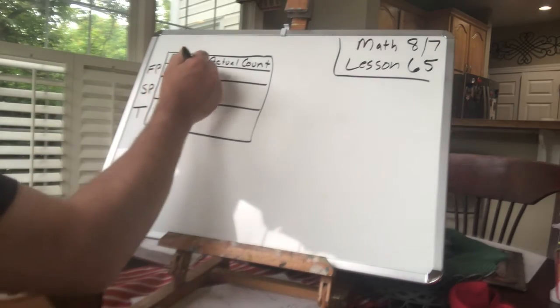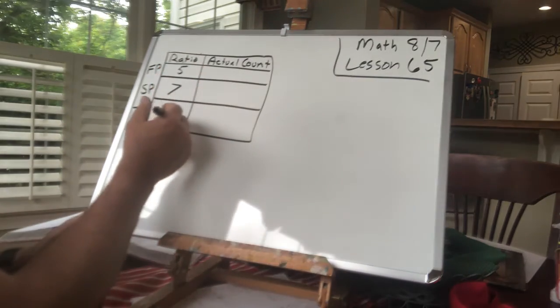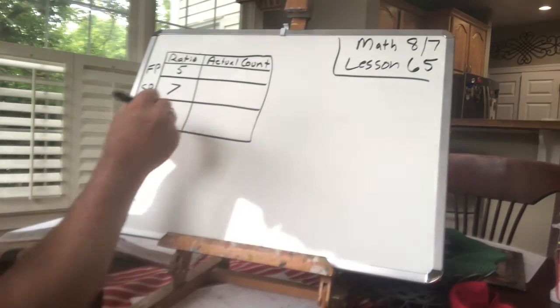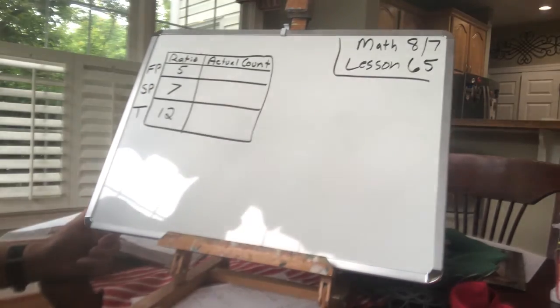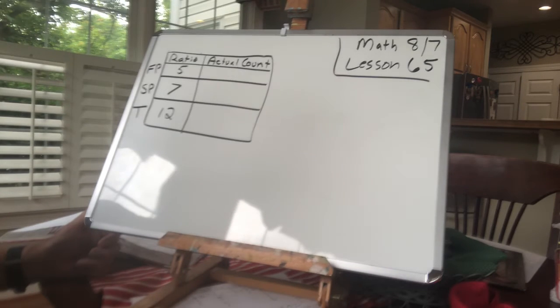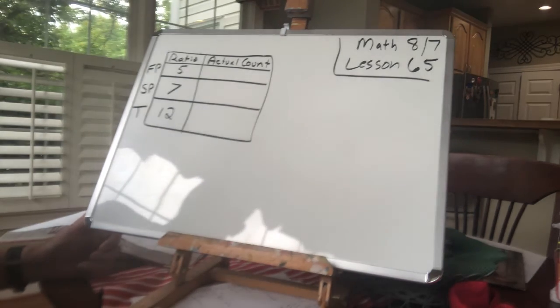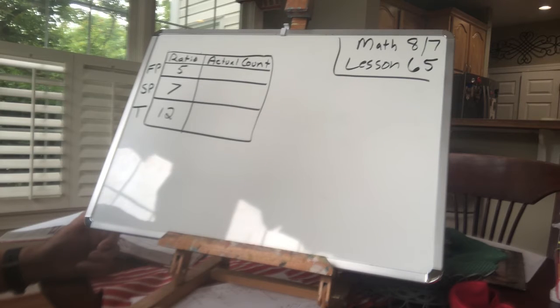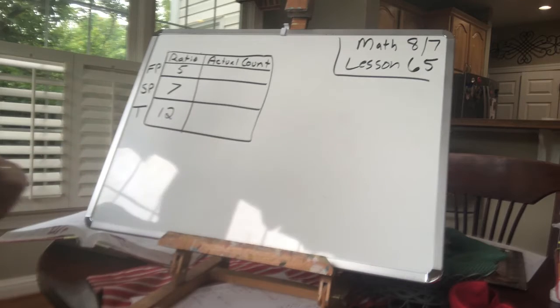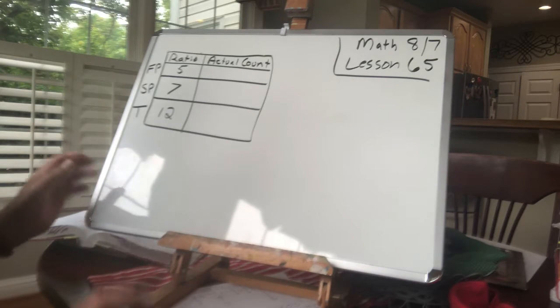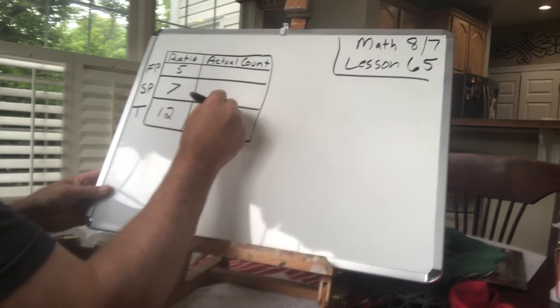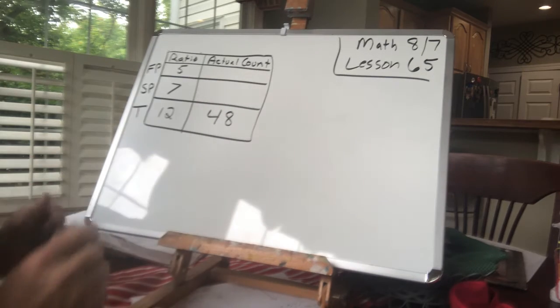Now if you add these two right here, they total 12, right? 5 to 7 for a total of 12. The next part of the question asks if the football and soccer players in the room totaled 48.